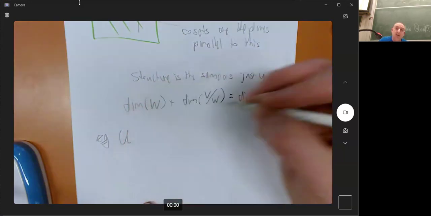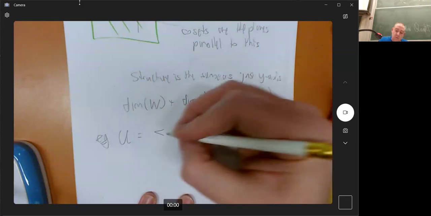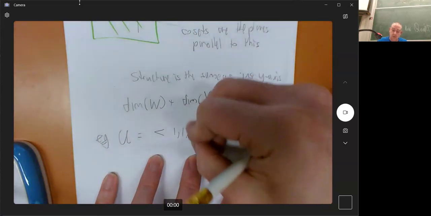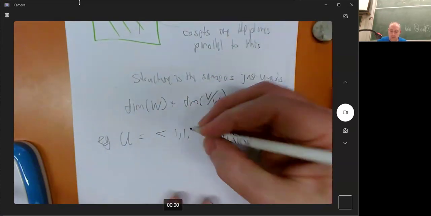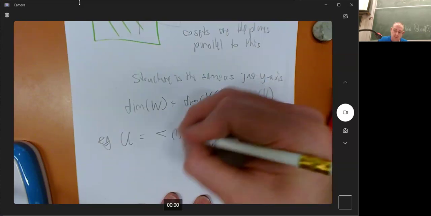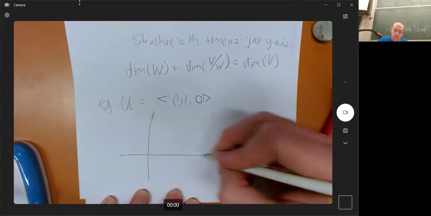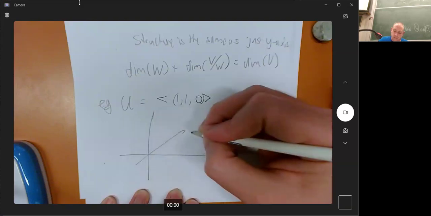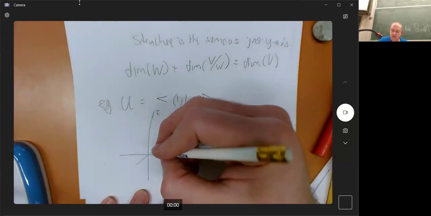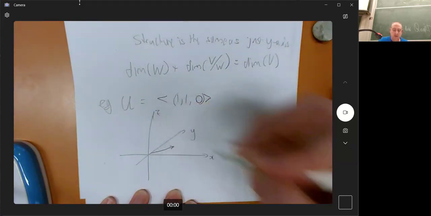Capital U it is then. U is the span of just one vector, 1, 1, 0, say. That's this vector here that lives inside the XY plane.